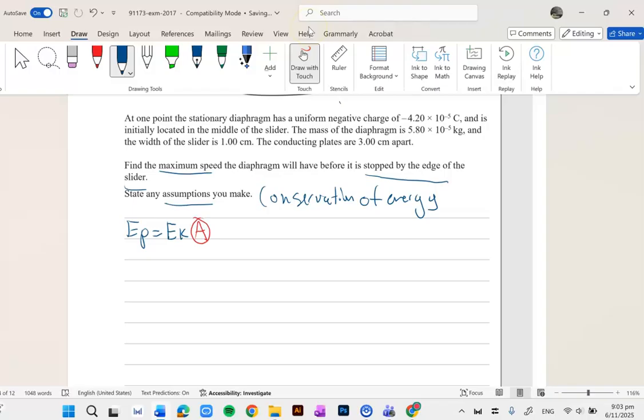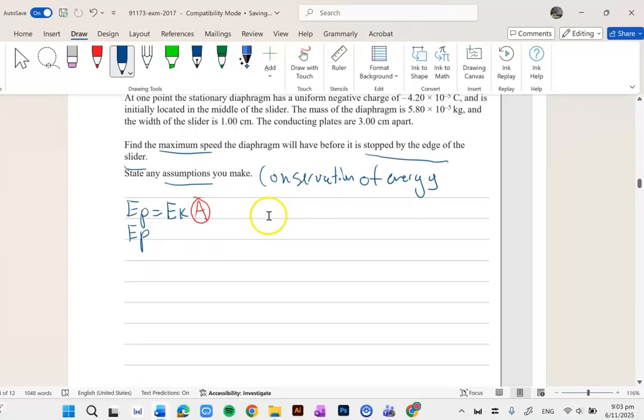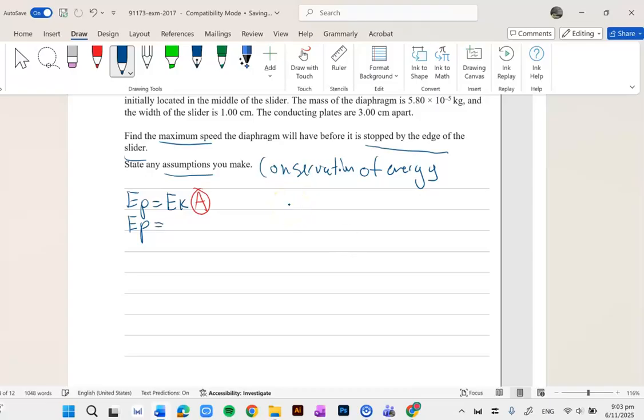So to find the velocity, we first need to find what EP is, and then we can assume whatever we get for EP is going to be the kinetic energy, and then we just rearrange for velocity using the EK formula, and that will get us our maximum speed. So EP equals electric field strength times the charge times the distance.